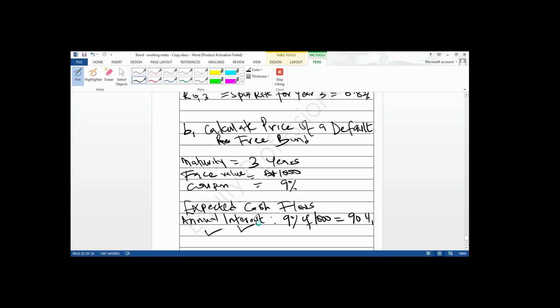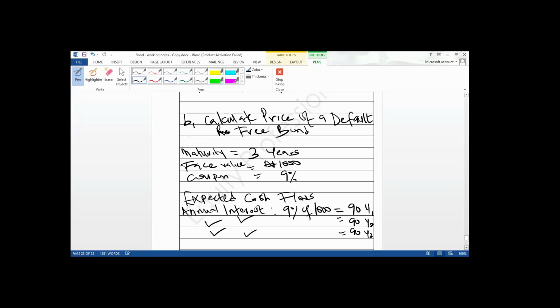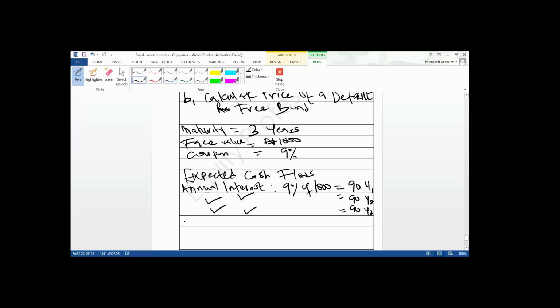Annual interest again, 90 naira year 2. Annual interest again, 90 naira year 3. Then at the end of year 3, redemption value of the bond.